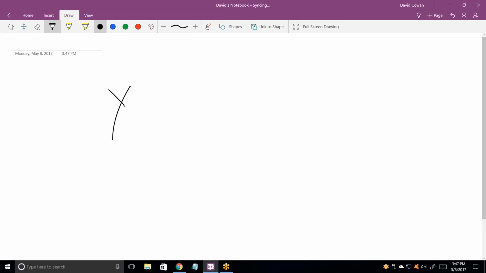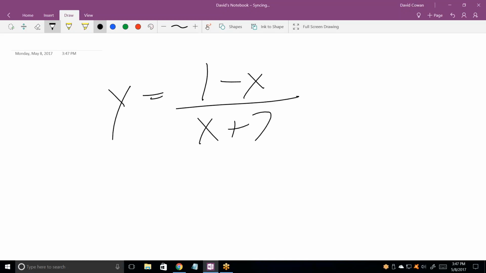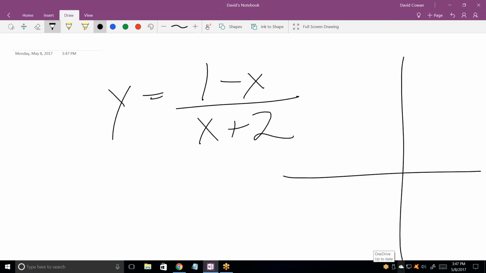Now, let me just test you real quick. What would the vertical asymptote on this be? Vertical, minus 2. How about horizontal?